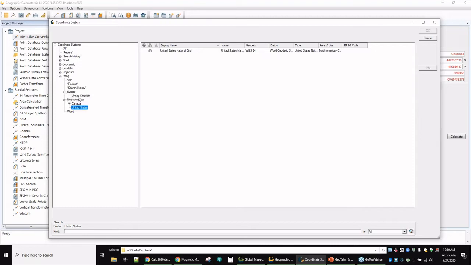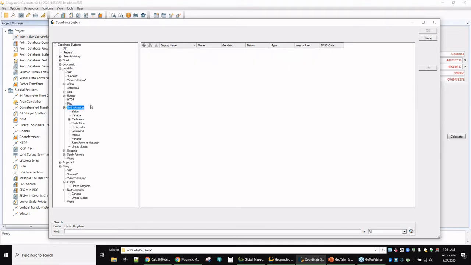Folks over in the UK have British National Grid. And these are all similar systems in that they take an actual projected coordinate system and then they wrap it up in a grid structure, and the coordinates don't actually look like Cartesian values anymore. They have combinations of letters and numbers that break down into grid cells within those projections. So very specialized systems, but we have those in here as well.